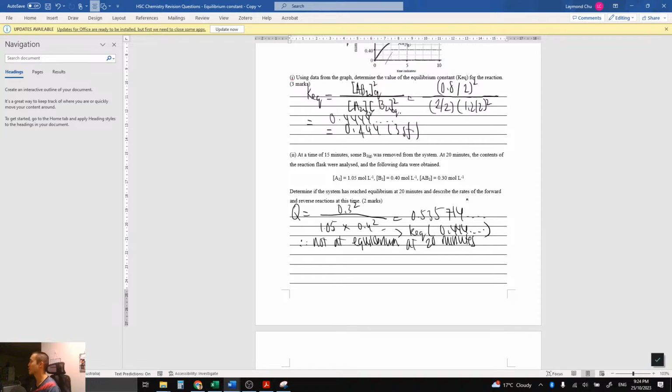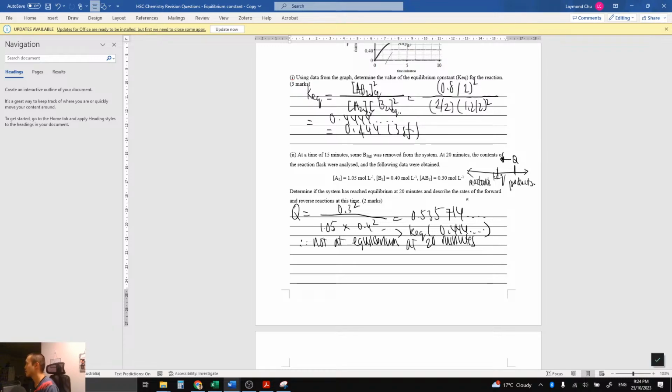Now we need to describe the rates of the forward and reverse reaction at this time. Now again, pulling out our spectrum, where should I do this? I'll do it here, squeeze it in there. Our Q is greater, so our Q is here at the moment, and therefore it wants to go this way to our reactants in order to reach equilibrium.